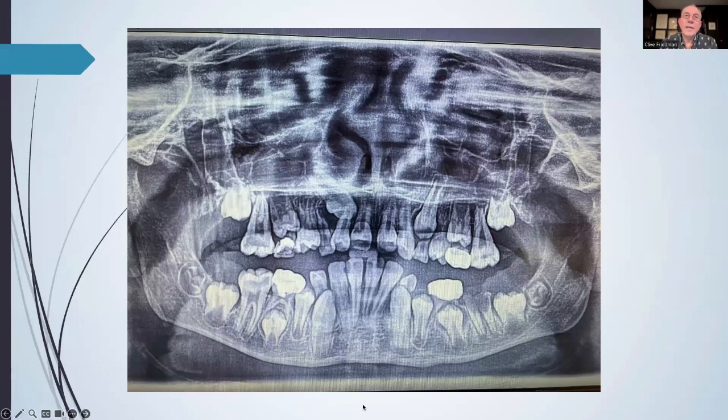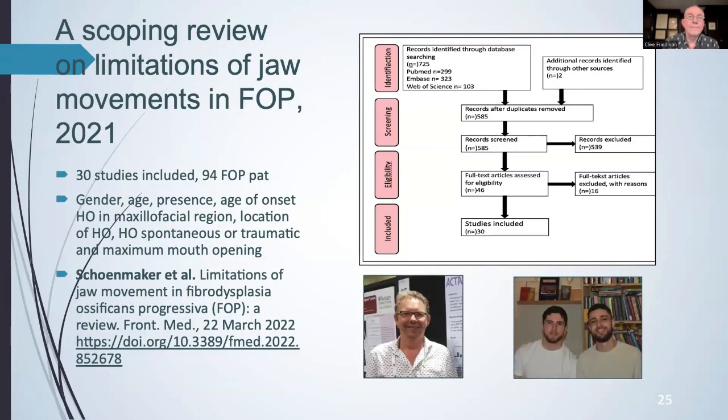For this individual, we would recommend extraction of all of those permanent first molars, all the remaining baby teeth, and to fix up as much as possible the other teeth in the mouth. And I'll talk a little bit later about what happens when we have individuals who have got complete closure, and which teeth we recommend they take out and why.